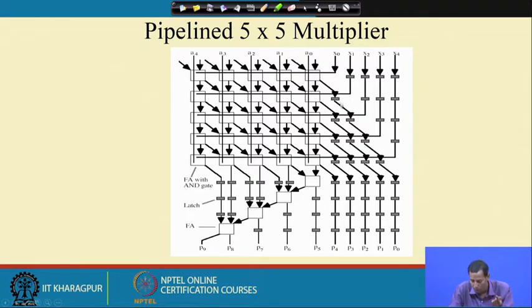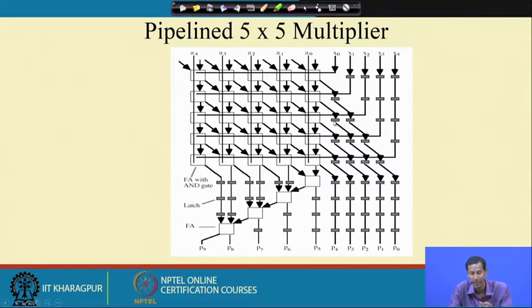So P0 has to pass through this. Then P1 is produced at the 1st clock cycle, so it has to pass through 7 delay elements to be synchronized with P8 and P9. For P0 it is 1, 2, 3, 4, 5, 6, 7, 8, so 8 delay elements.